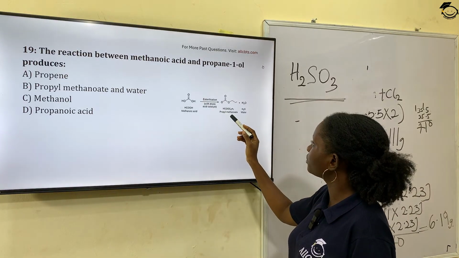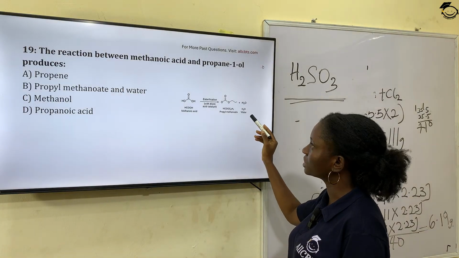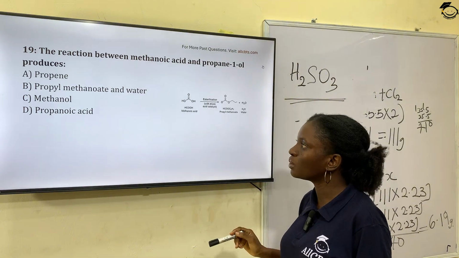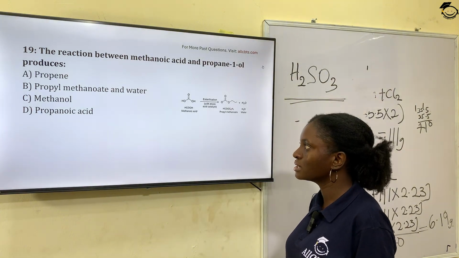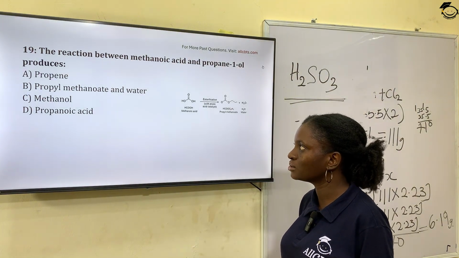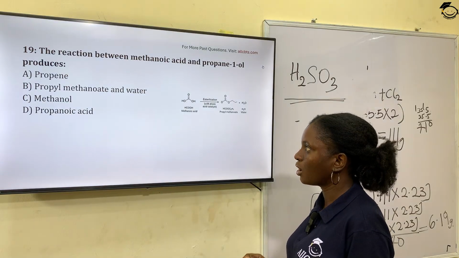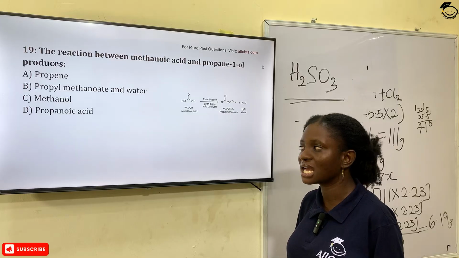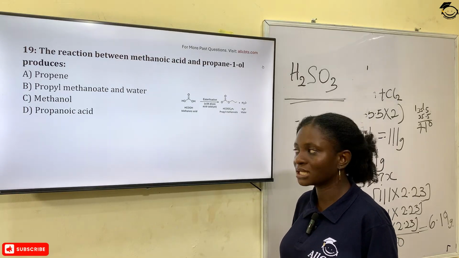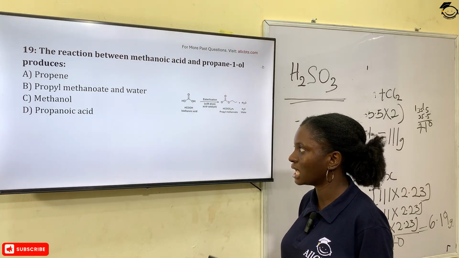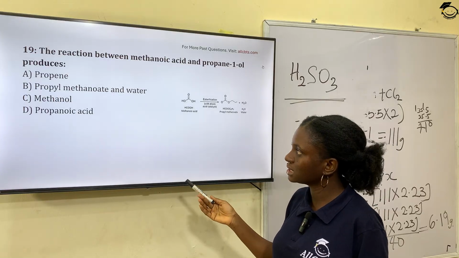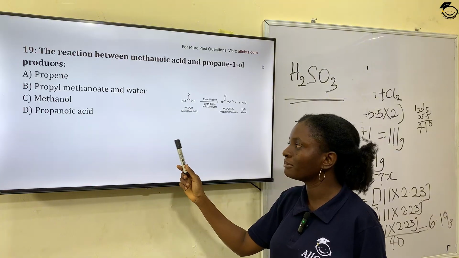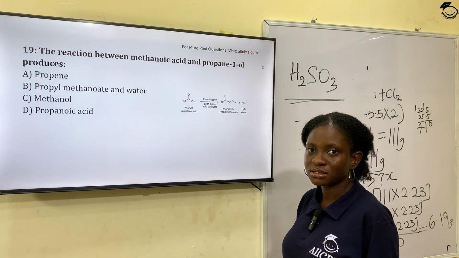So the ester is propylmethanoate and water. Option A, propene. Option B, propylmethanoate and water. C, methanol. D, propanoic acid. From this equation, you can see that option B, propylmethanoate and water, is the correct answer.